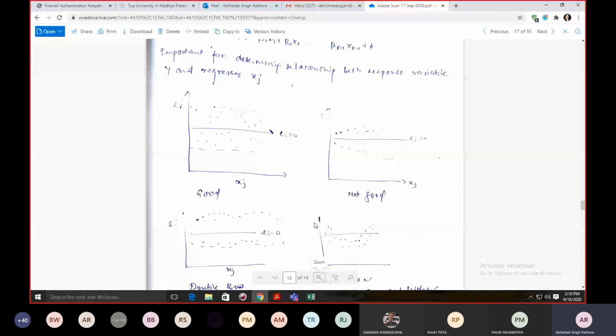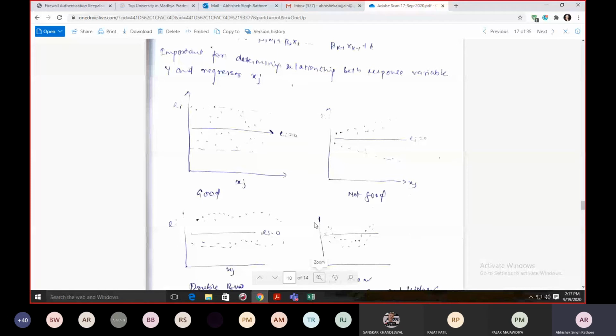So what are the cons related to this particular model? It does not show the marginal effect of your xj on the response variable. Why? Because we are plotting ei versus xi.